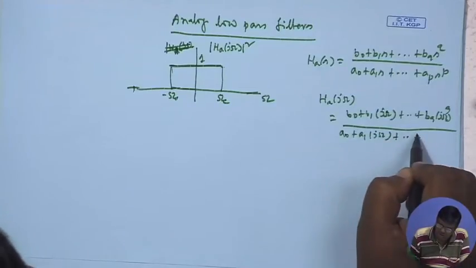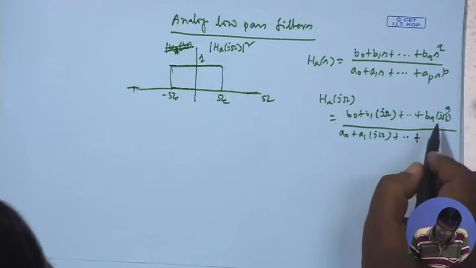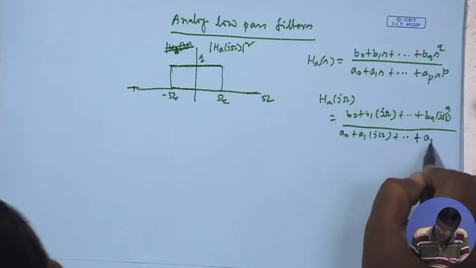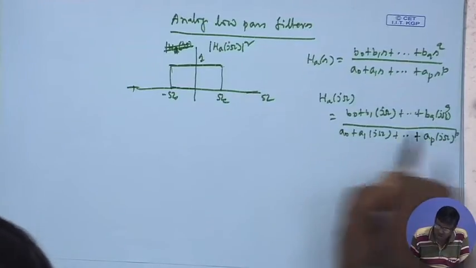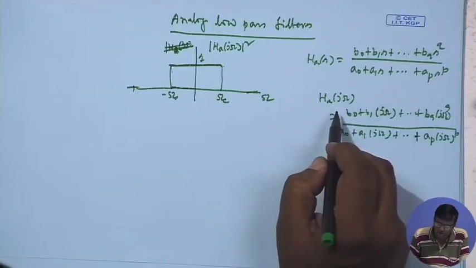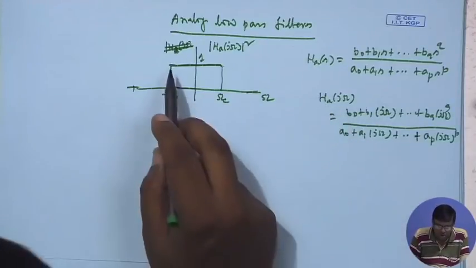That is, in the S plane, I am now on the j omega axis, the vertical axis. Okay.